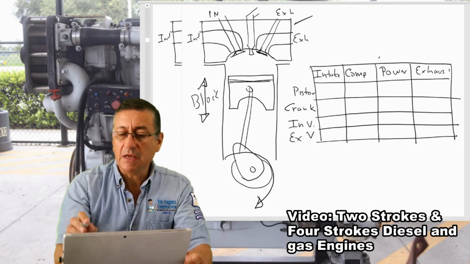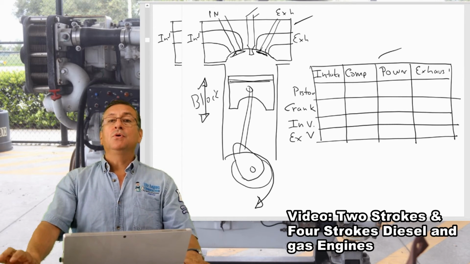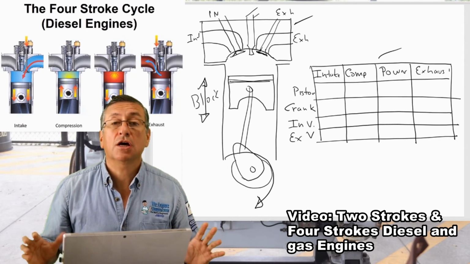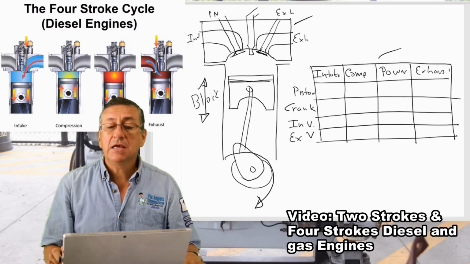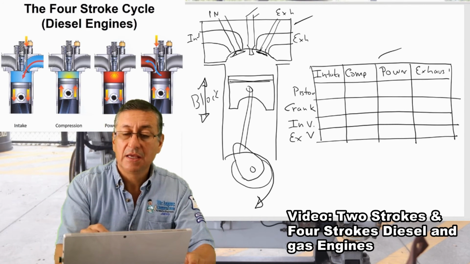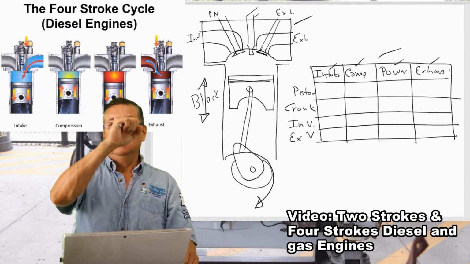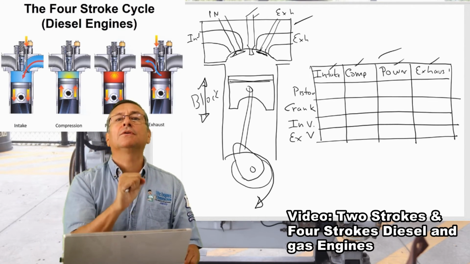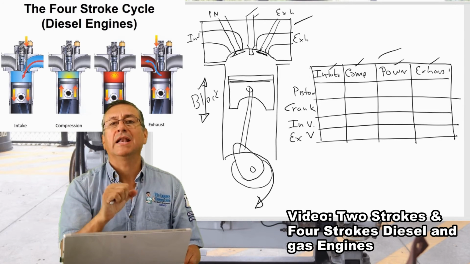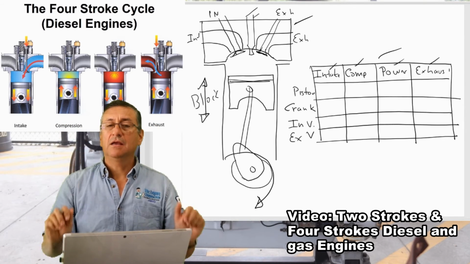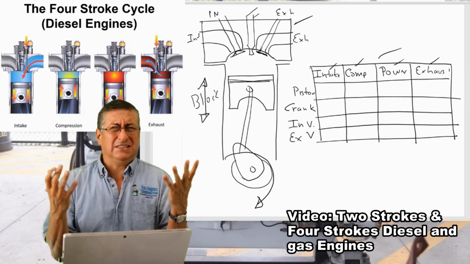And I prepared this table. In the table, I put the typical four strokes that you hear: intake, compression, power, and exhaust. Those are the typical four strokes, and we are going to understand what is the meaning of that.